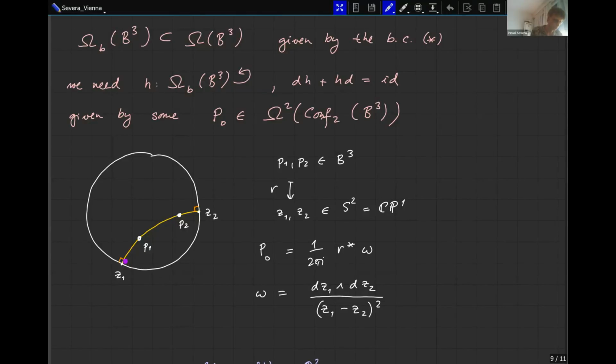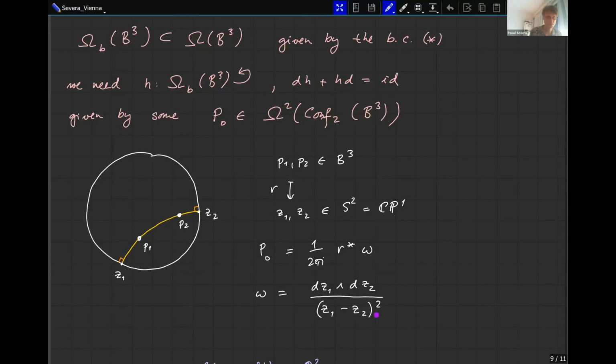And this geodesic will end at two points on the boundary sphere S2, or CP1, which I call Z1 and Z2. And then our propagator is simply 1 over 2 pi i times this nice expression times this omega: dz1 dz2 divided by (z1 minus z2) squared.